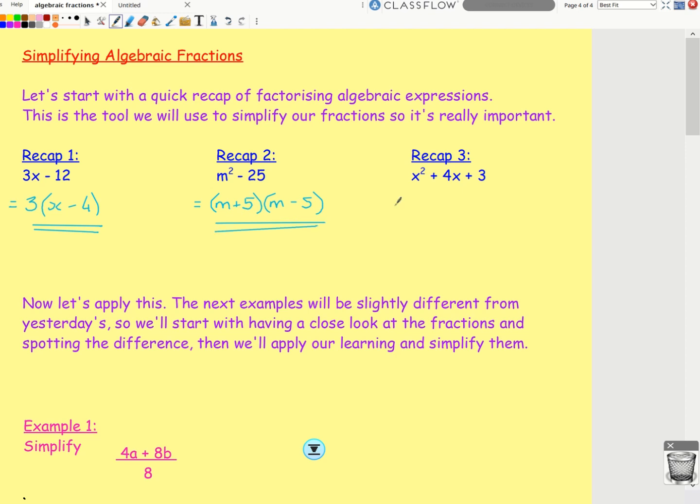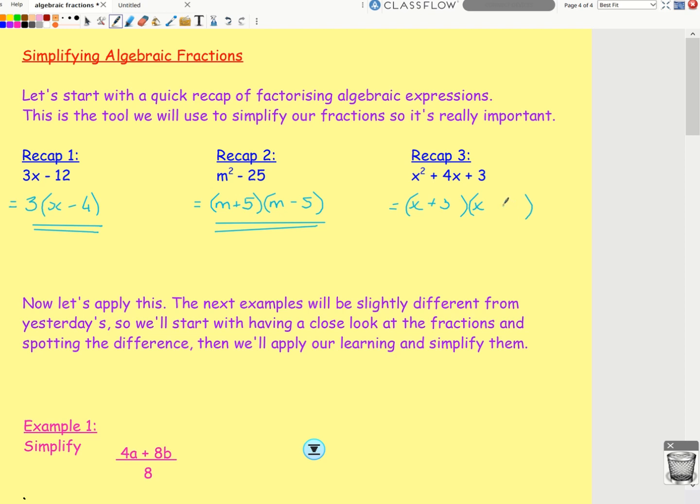And for the third recap, the final type is a trinomial, so that's again going to have the same shape as before. It's going to have a double bracket, but each bracket's not going to be as similar as it was here. Again, the letter's at the start, so we put the letter at the start of our brackets, and now I have to think of factors of 3 that are going to give me a 4.